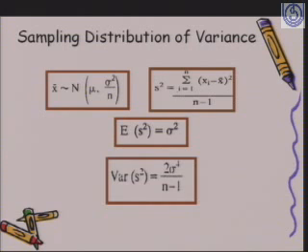Now I want to find the expected value of s square and the variance of s square, and this I can find: expected value of s square is given by sigma square, and variance of s square is given by 2 sigma raised to the power 4 divided by n minus 1. So these two expressions are giving you the expected value of s square and the variance of s square.